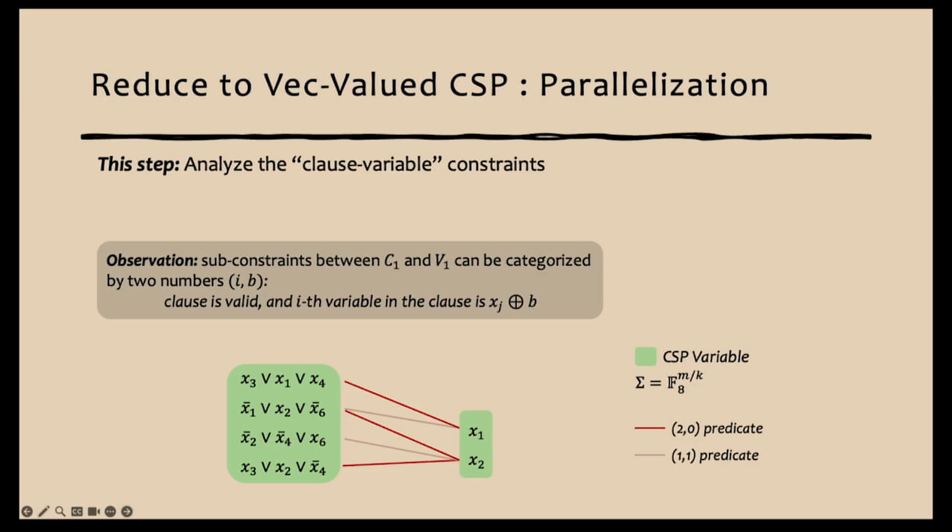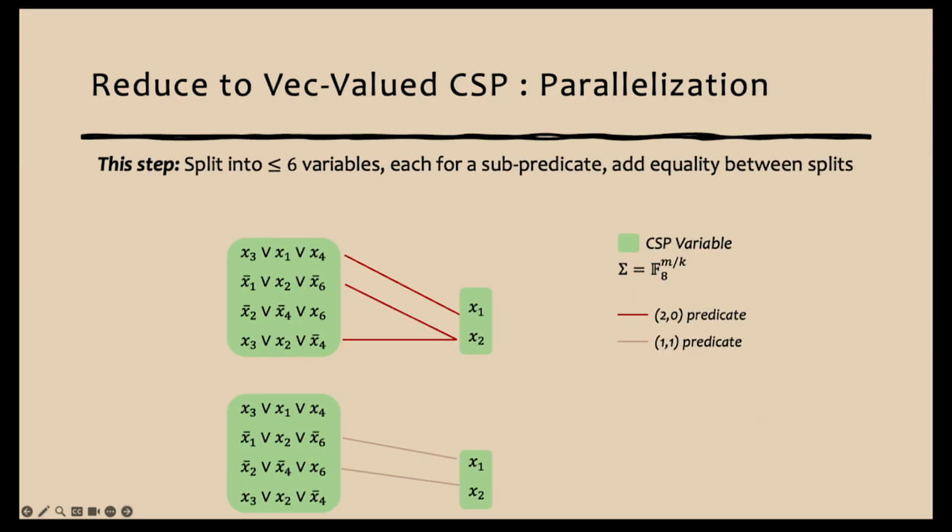So there are at most 6 different subpredicates here. So we can split it into 6 variables, and each variable is for a type of subpredicate, and we add equality constraints between them. So this is just an equivalence transformation. We split into more variables, set consistency between them, and spread the constraint between these variables.